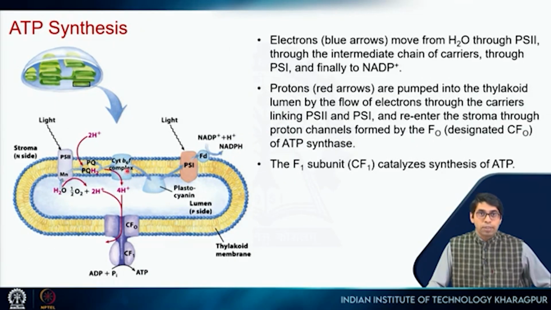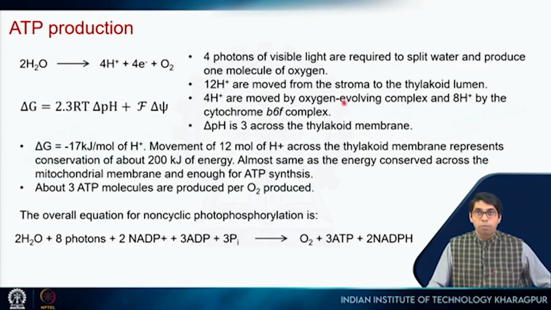So the cytochrome B6F complex will move 8 protons. So total 4 plus 8 is 12, right? So 12 protons are moved when 4 photons of light are absorbed to split water, producing 1 molecule of oxygen, which is this reaction.